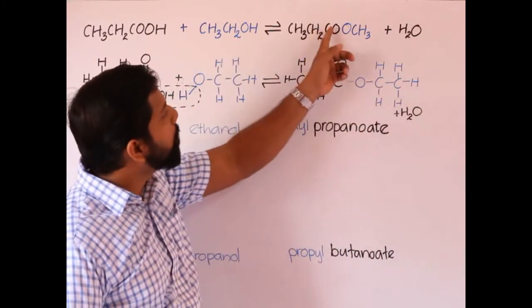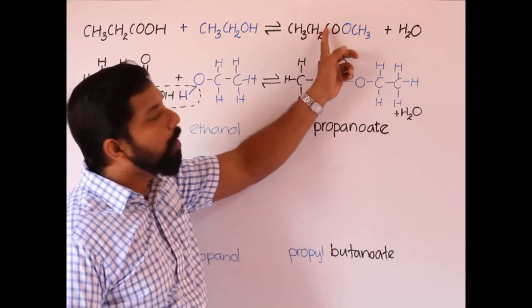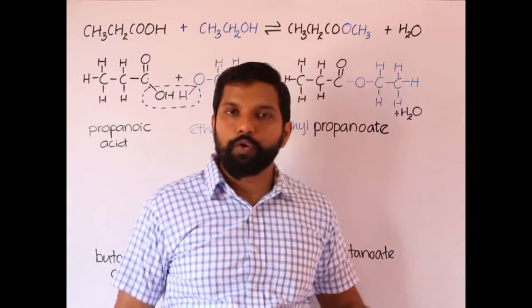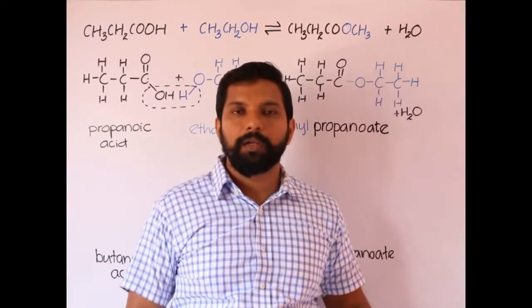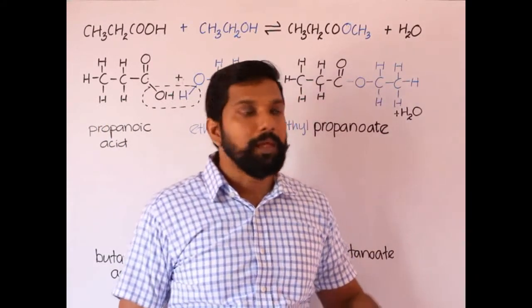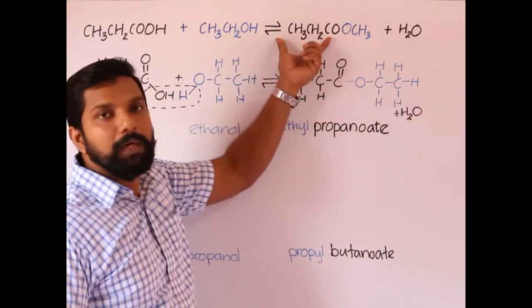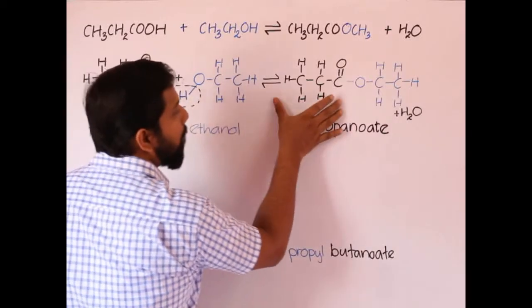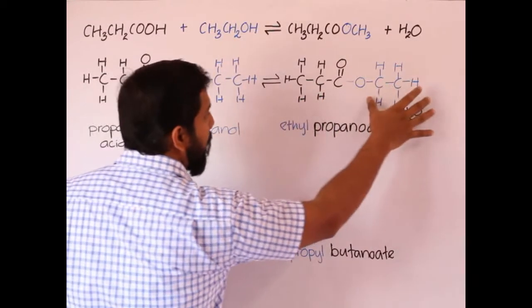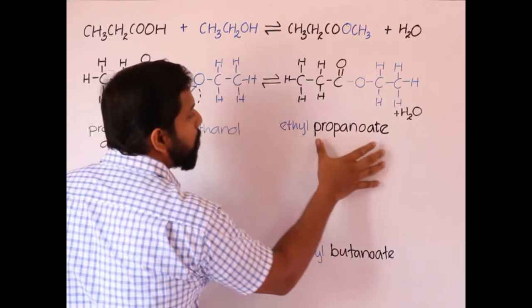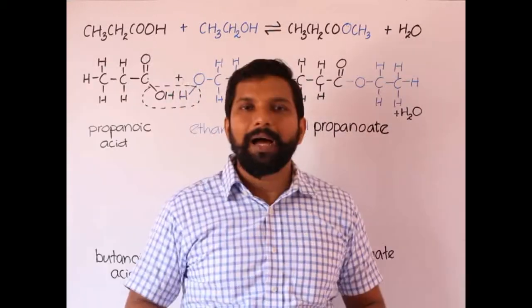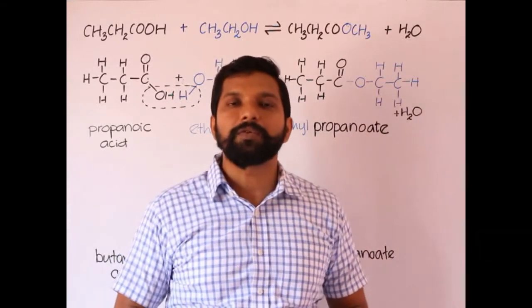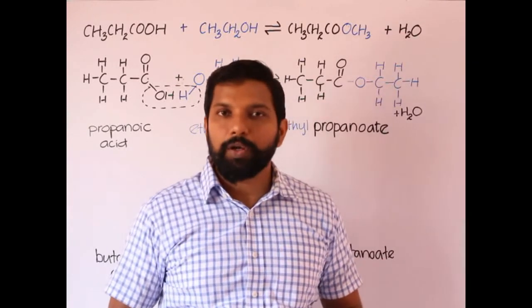Just see whether you have 2 groups around it. If you have 4 groups, then it's going to be a single bond. If you don't have 4 groups, then that part can be the carboxylic acid part. Alright, so here we have the carboxylic acid part and the alcohol. So it's ethyl propanoate.